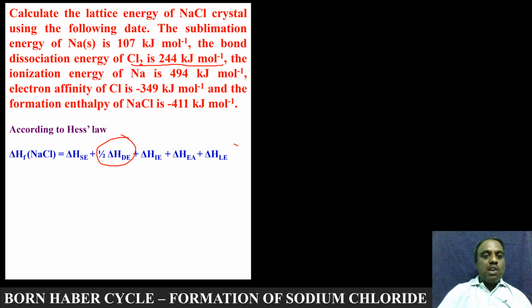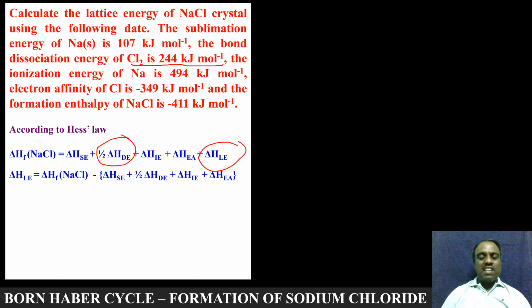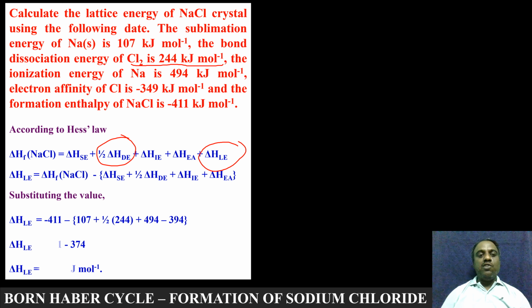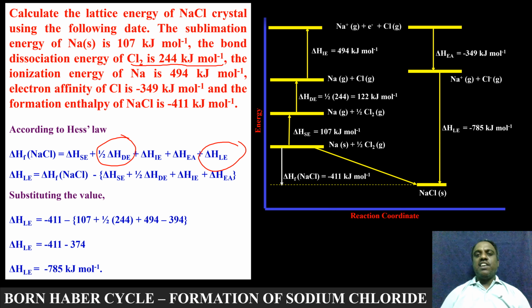Now we can easily calculate the lattice energy. If we slightly rearrange the formula, by substituting the values, we can clearly calculate the lattice energy for the formation of sodium chloride. And we can plot the same in the diagram.